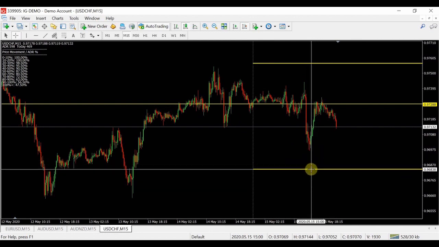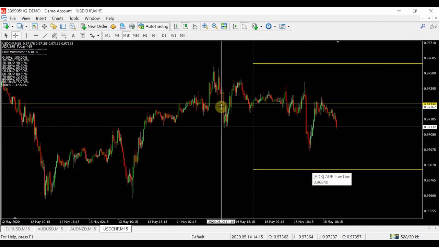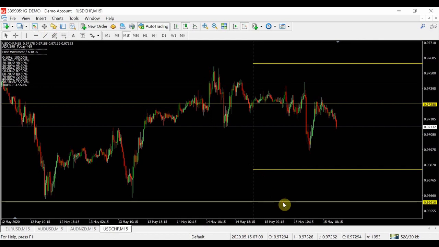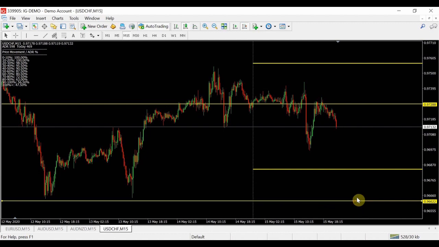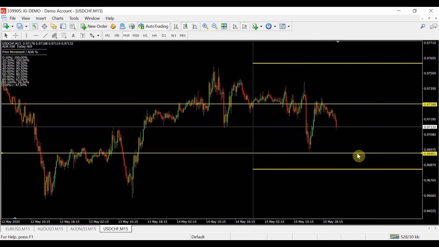So knowing that this is the average daily target, there is no point setting a take profit target down here because it's unrealistic, especially if you're a day trader and you're going to try to get out of this trade by the close of the day. So what would make more sense is setting it either at the ADR level or just before the ADR level. And this is where this data comes into play.